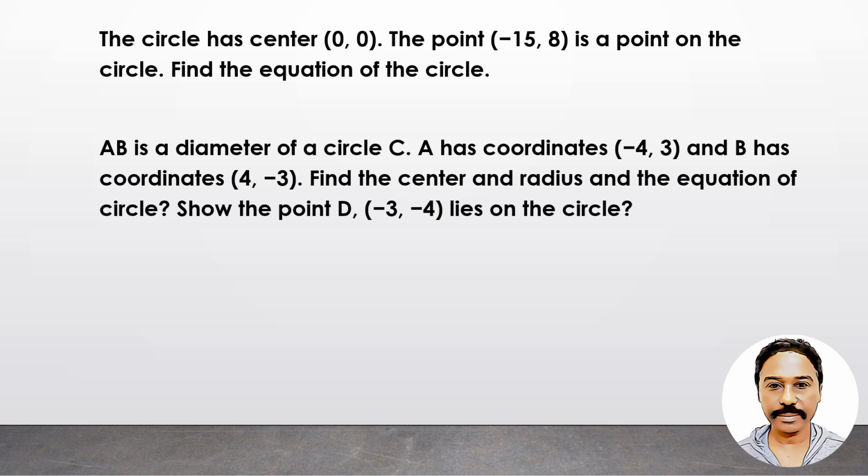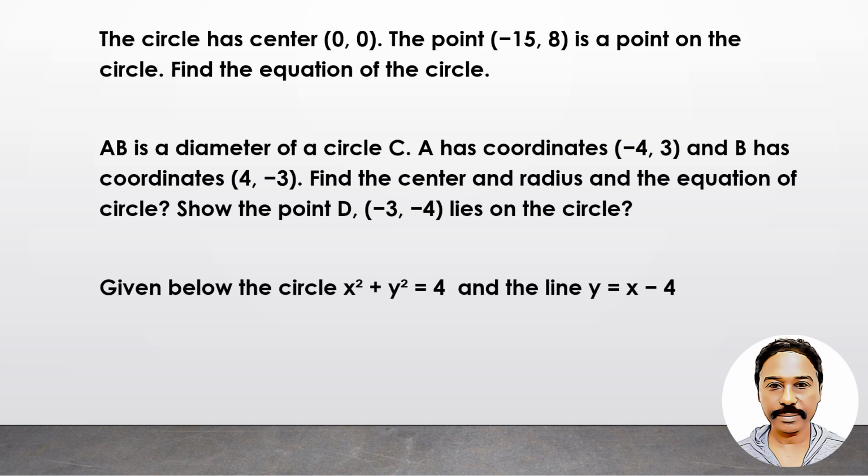Take the radius with either of these 2 points, A or B, and you can find the equation of the circle. Does point D, which is -3, -4, lie on the circle? Yes, you substitute x and y in the equation to see if it gives you the right value, and you can check if it is really on the circle.